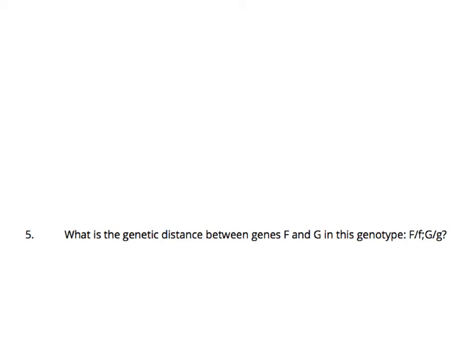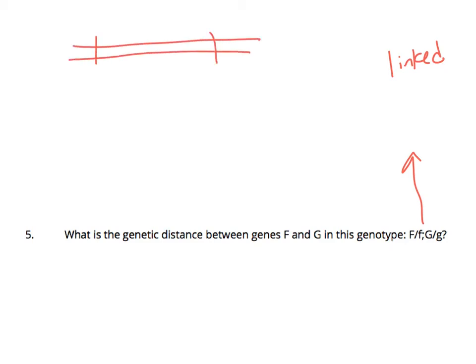If these genes were on the same chromosome and I knew it, how would I write this same genotype? If 2 genes were on the same physical piece of DNA like this, so there's 2 chromosomes with big F there, little f there, big G there, little g there. Or the genotype, how would you write that genotype?